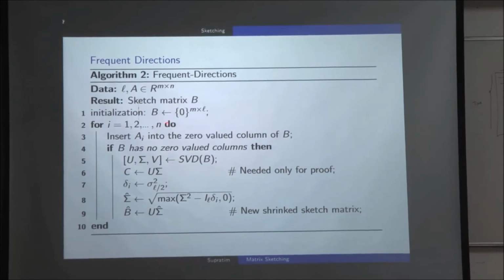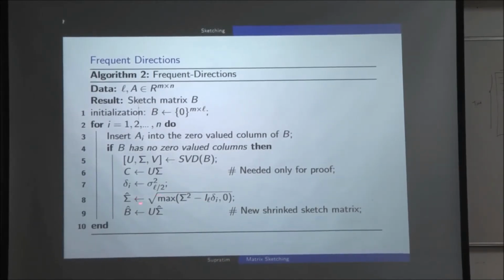Initially we set B to all zeros, and whenever we get a new column, we insert Ai into one of the zero columns of B. Now if there are no zero columns present in B, then we do SVD of B, and we only retain the orthogonal columns of B along with its singular values. Then we set delta I to be the median singular value of the SVD, and this delta I tells us how much shrink we have to do in our matrix sketching method.